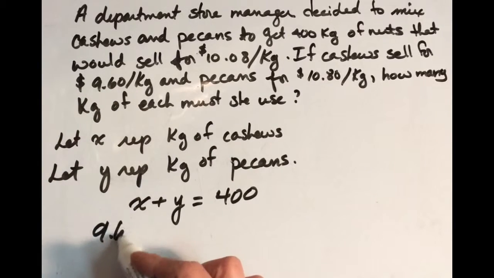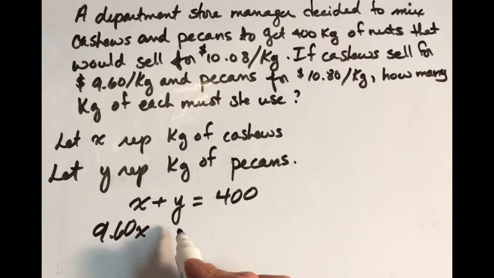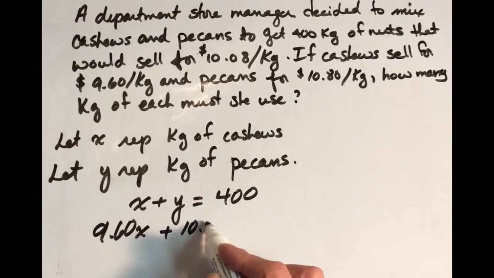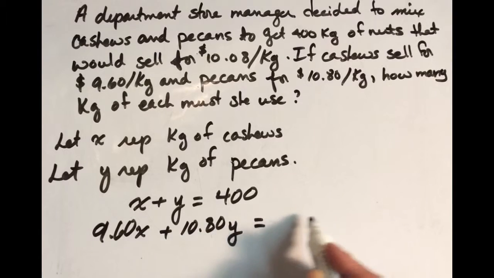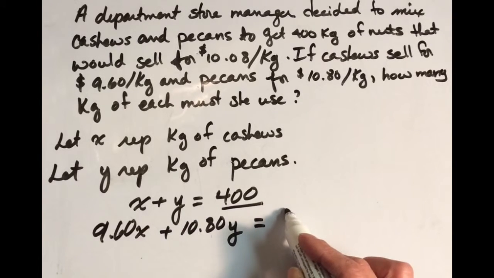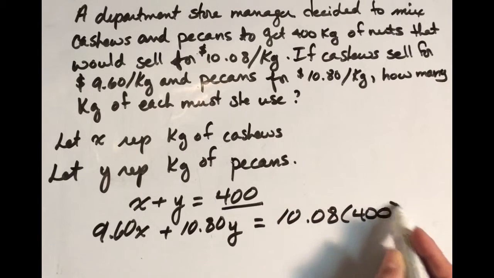So we'll put 9.60 for every cashew. And then for every pecan, it is worth 10.80 Y for everyone. And in total, for every 400, what do we want? Well, we want to sell it at 10.08 per 400.